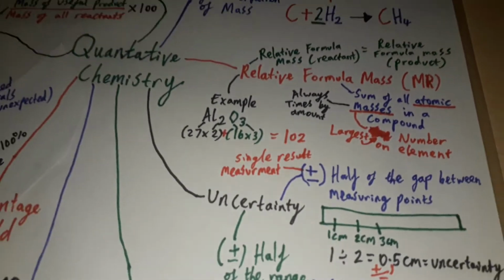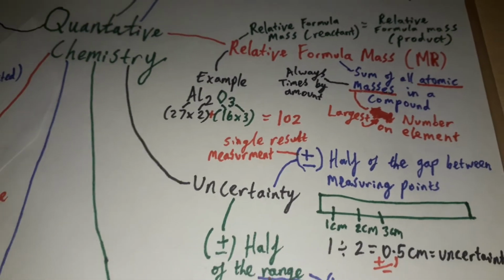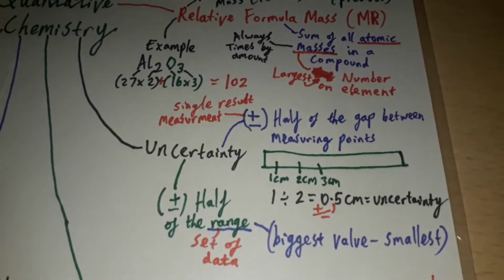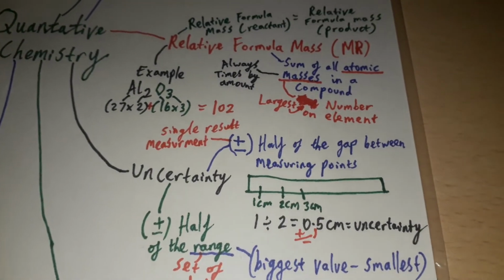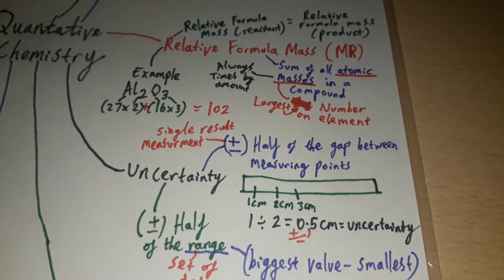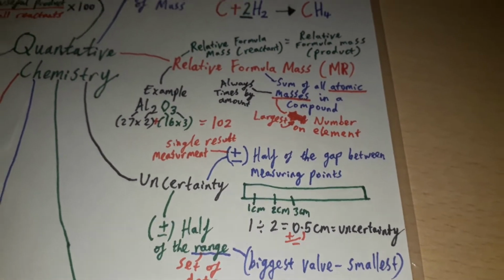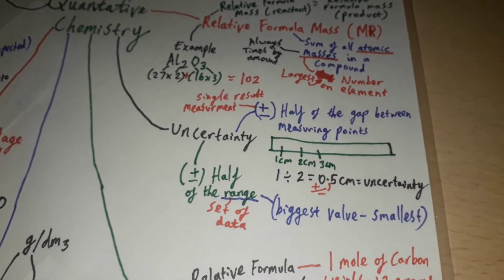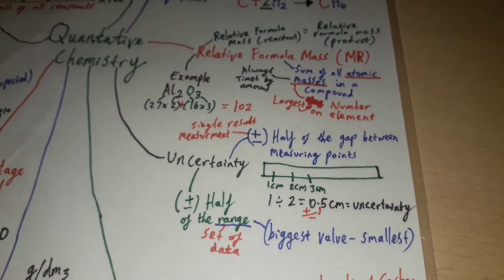So next, let's look at uncertainty. Uncertainty is basically the degree to which a measurement would be unsure. So let's look at this. For a single result measurement, uncertainty is plus or minus half of the gap between measuring points. So if we look at this ruler, the measuring points are all 1 centimeter.